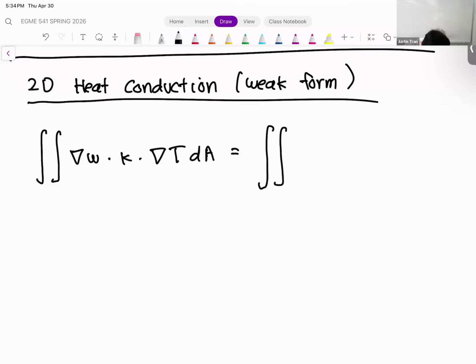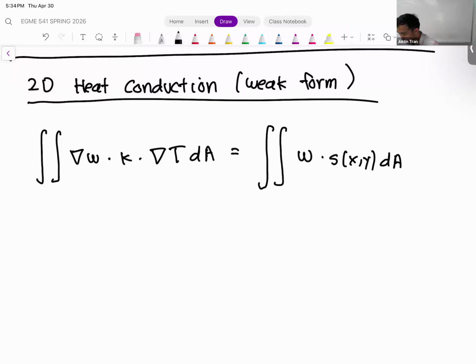the double integral of our weighting function multiplied by our thermal generation term. So that's a term that's going to end up on the right-hand side of our equation there. That's going to contribute to our element forcing vector.